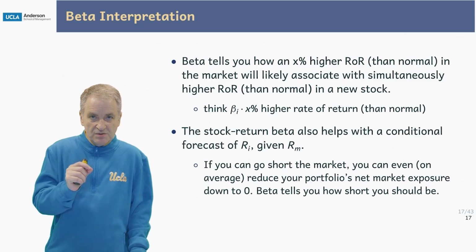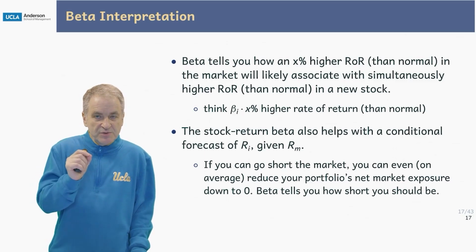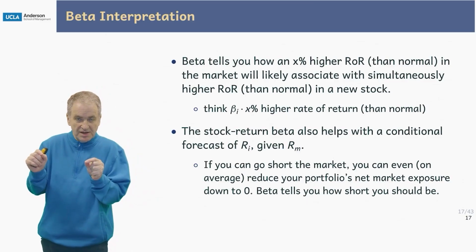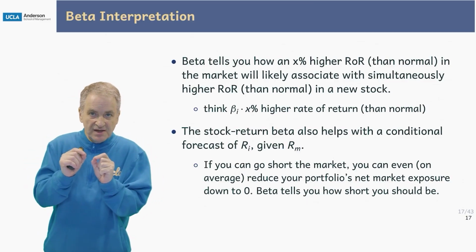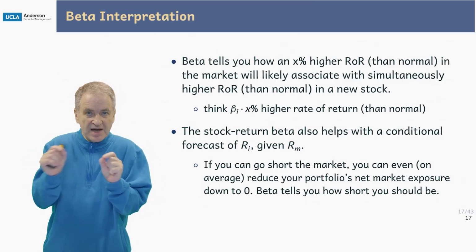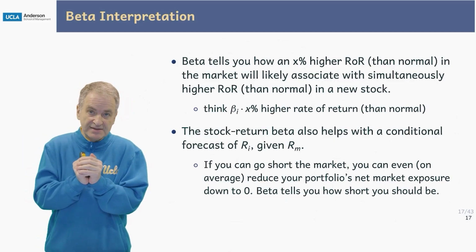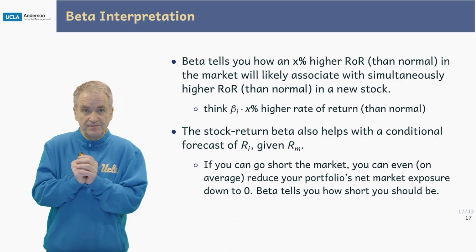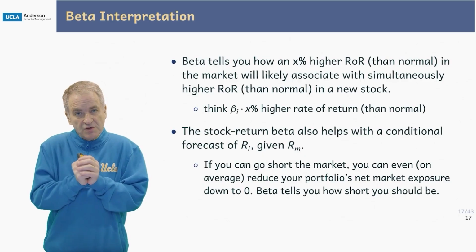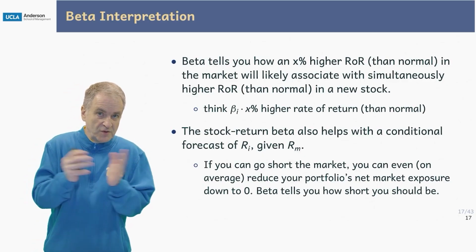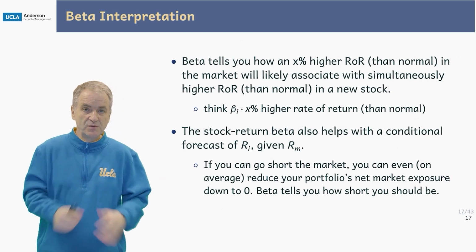Beta tells you how an X% higher rate of return than normal on the market is likely to associate with a simultaneously higher or lower rate of return in your new particular asset, like C or D. The stock return beta also helps you with a conditional forecast of Ri, of your particular asset, if I tell you what the market is.